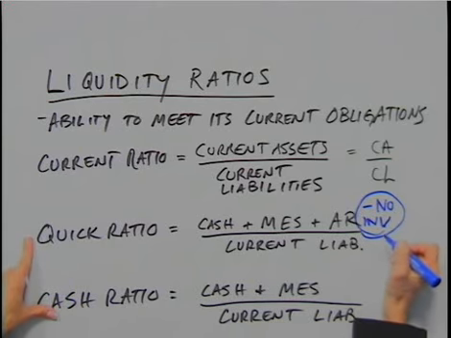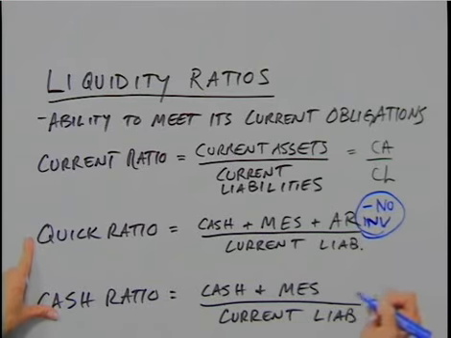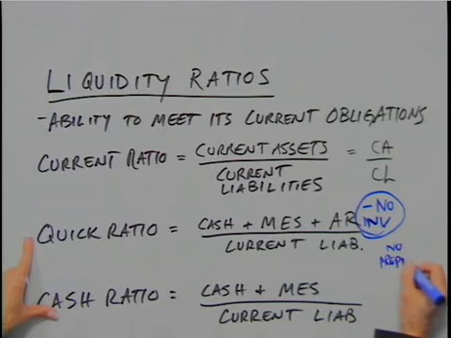For example, imagine a jewelry store. It may take them a long time to move their inventory if they wanted to sell it at its regular prices. Also, there will be no prepaid expenses in here, assuming there were some up here, but the key thing is there's no inventory. Then we move down to the cash ratio, which is even more conservative.